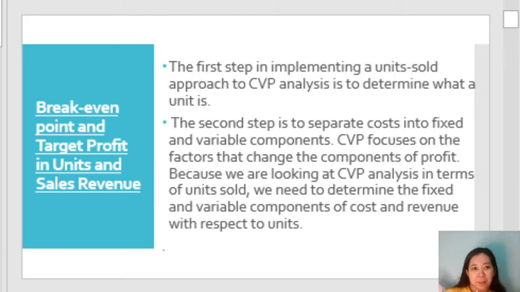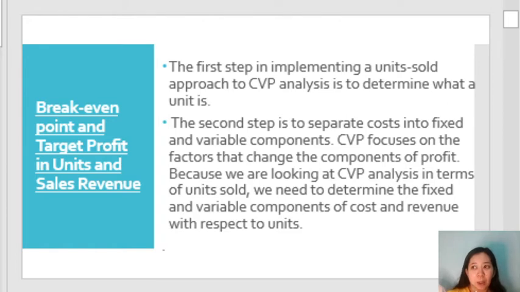The first step in implementing a units sold approach is to use the CVP analysis to determine the number of units. The second is to separate the cost into fixed and variable components.